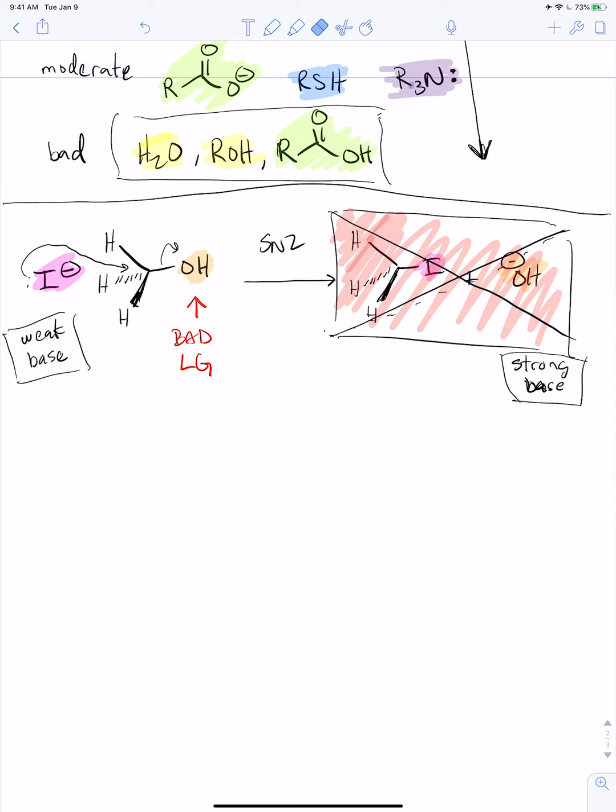I'm going to show you how. So if instead we use hydroiodic acid, now I can do this reaction.